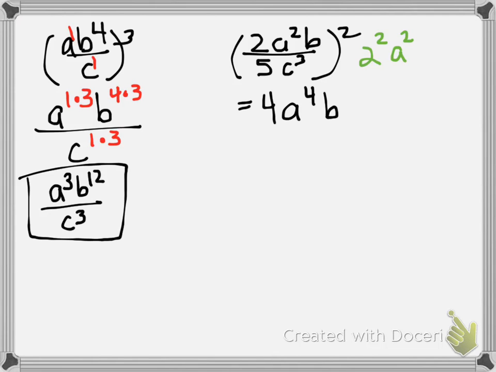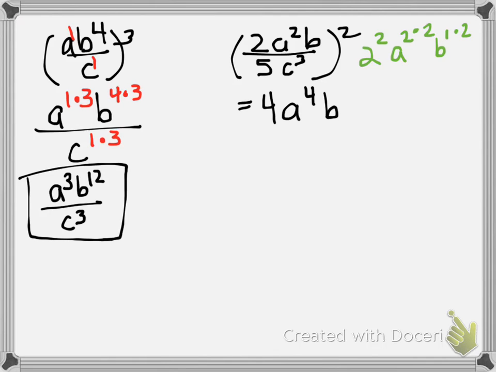Raise it. How? What math do we do when we raise a power to a power? Multiply. And what am I going to multiply by? 2. Okay. What about the b? By the way, what's the exponent on the b? 1. And what am I going to do with it? Multiply by 2. There we go.